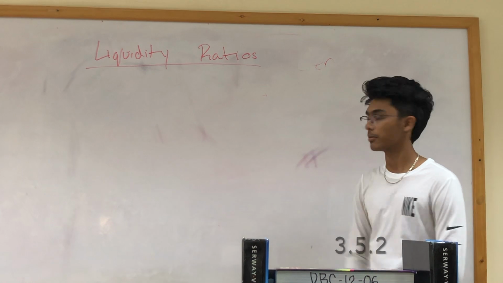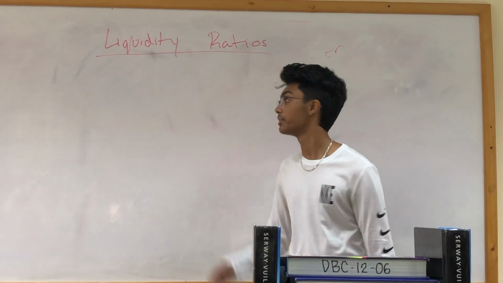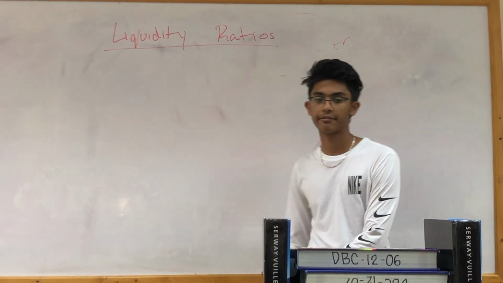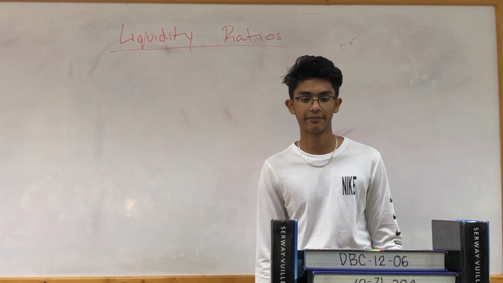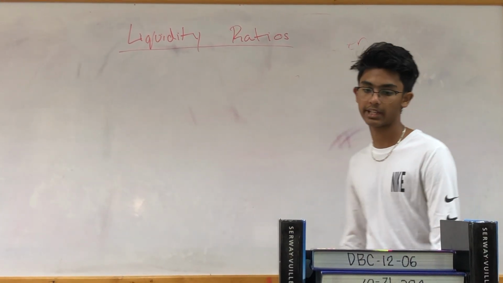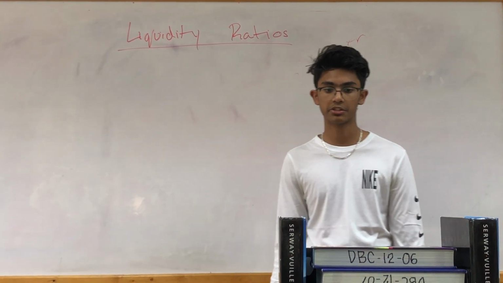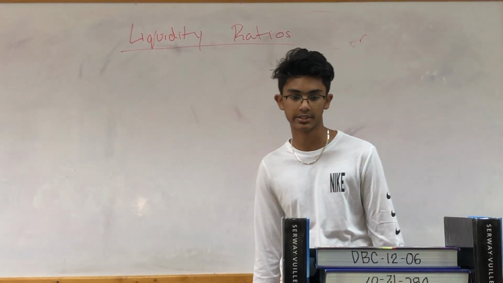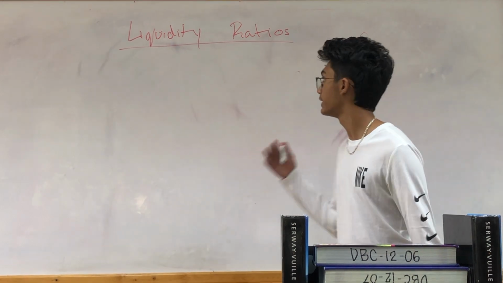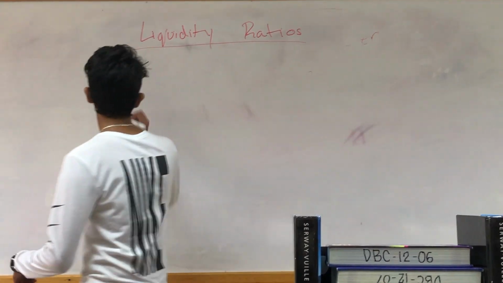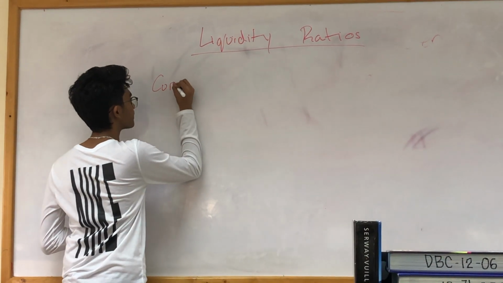In this part, we're going to be looking at useful ratios called liquidity ratios. Liquidity refers to the firm's ability to convert its short-term assets into cash. These are a measure of the company's ability to settle its short-term debt obligations. So we're going to have two liquidity ratios. They are called the current ratio and the asset test ratio.